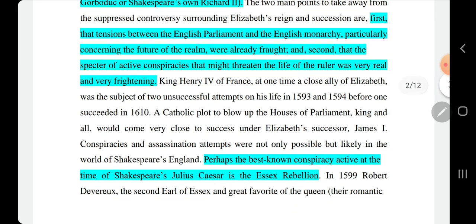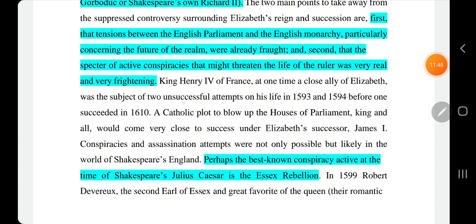We see here that King Henry of France, a close ally of Elizabeth, was the subject of two unsuccessful attempts on his life in 1593 and in 1594, before one succeeded in 1610.